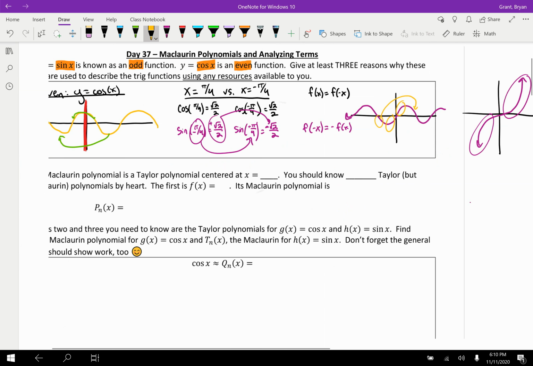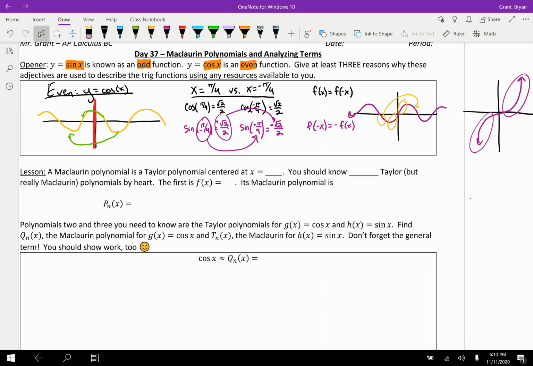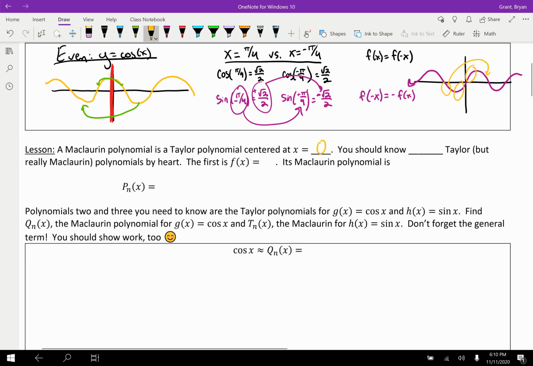I'm actually going to give you a third one in just a second, and this third one's my favorite. So here we go. A Maclaurin polynomial, it's our new definition, is a Taylor polynomial centered at x equals 0. Now remember, Taylor polynomials can be centered anywhere. We did a few last class. We compared e to the x centered at x equals 0, and we compared that to e to the x centered at x equals 1.